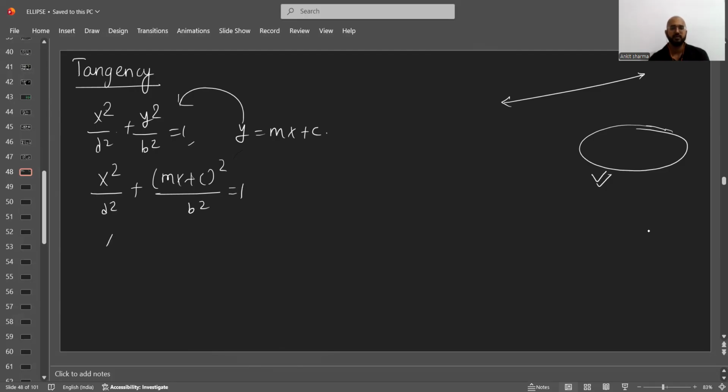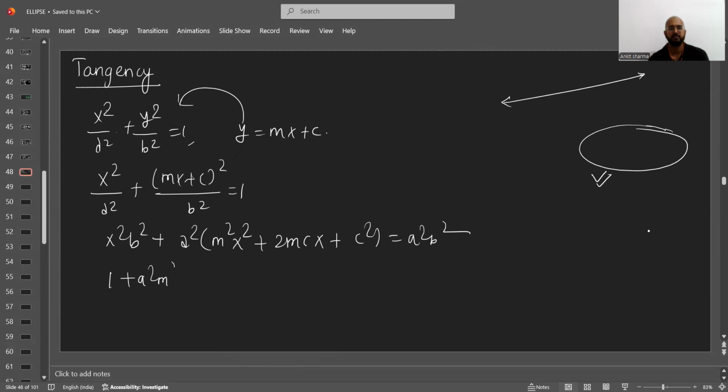So this means I have here x square b square plus a square into (m square x square plus 2mxc plus c square) is equal to a square b square. So I can also write down (b square plus a square m square) into x square, and then I have here plus 2a square mc.